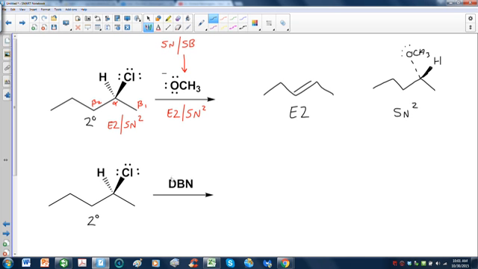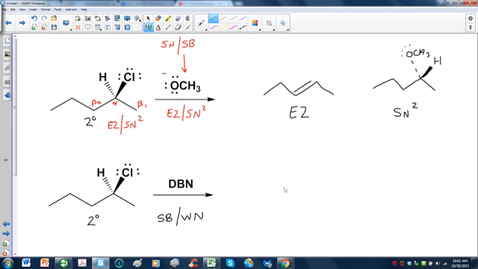The question's a little bit less challenging when we have something like this. Now, I don't know if you guys remember this from the last video. There are some species that are classified as non-nucleophilic bases. In other words, strong bases, but weak nucleophiles. We talked about the t-butoxide. We talked about this 2-ring fused amine compound that's big and bulky. Anytime you have something that's big and bulky, you can throw your nucleophilicity out the window.